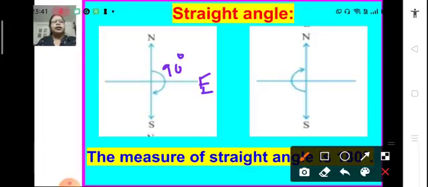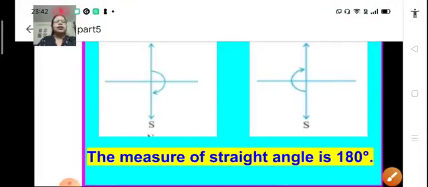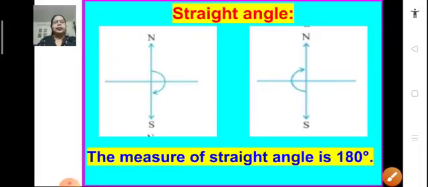This is east, and from east to south we have taken another 90 degree turn. So, this angle from north to south is a 180 degree angle, and this is a straight line, and this angle is called a straight angle.